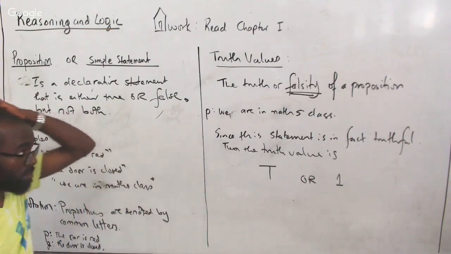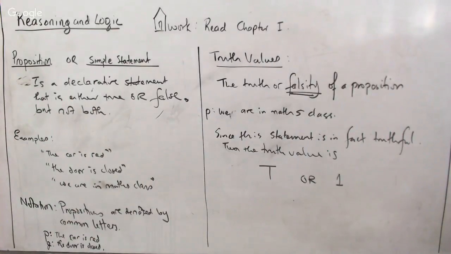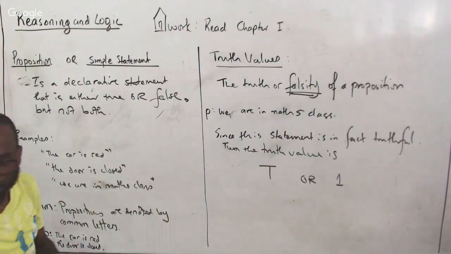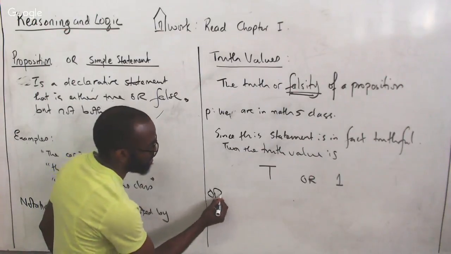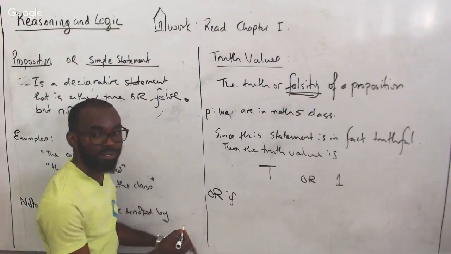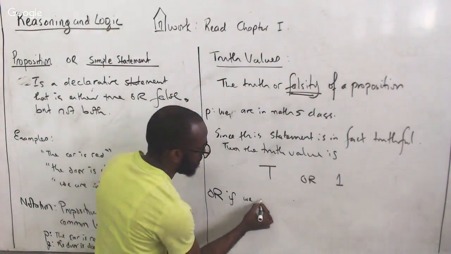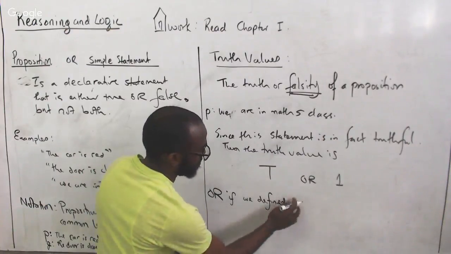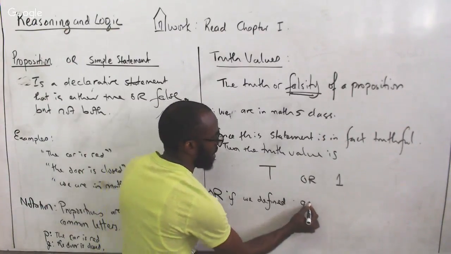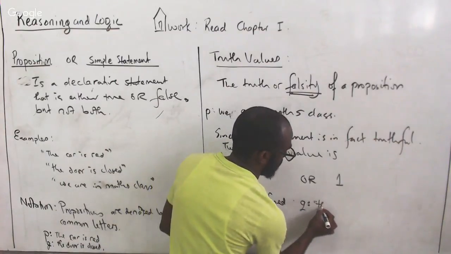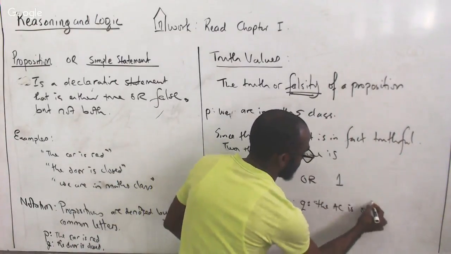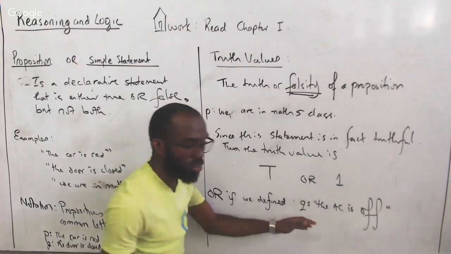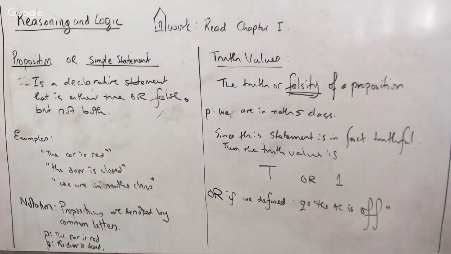So the truth or falsity of a proposition, just remember that it can be capital T or 1, that means true, or if we define Q as the AC is off, although this is a lie, the statement is a lie, it is still a proposition.